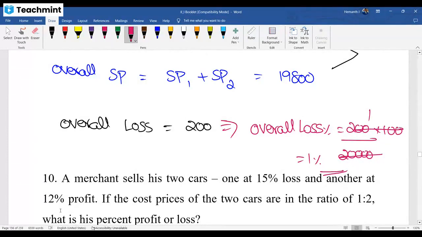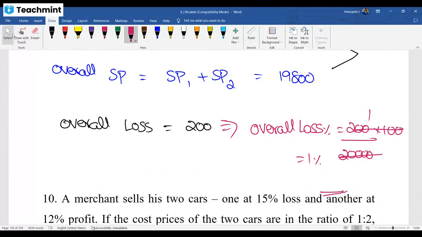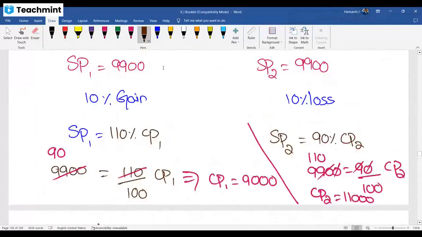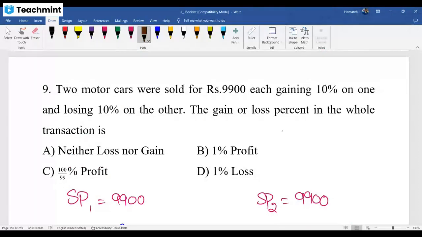Many people conclude this question like, sir, there is no profit, no loss for this question. But they gave the selling price, my dear. Let's say in this question you got neither profit nor loss. If they had given 9,900 as the cost price of both cars, then you have neither profit nor loss.